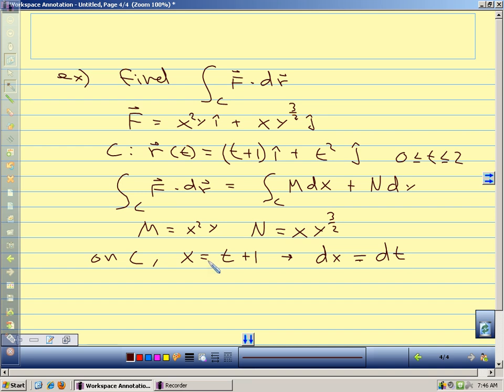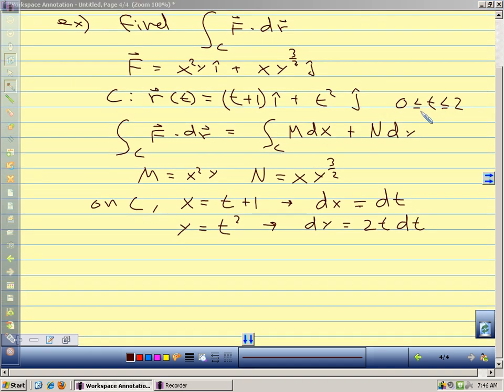This is like a u sub. dx is just dt. And y equals t squared, so dy equals 2t dt. And then I just plug in M and dx and N and dy and evaluate my integral.